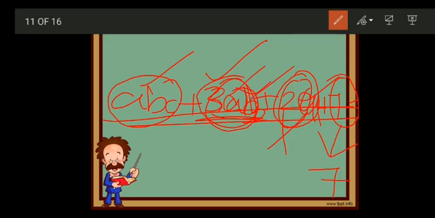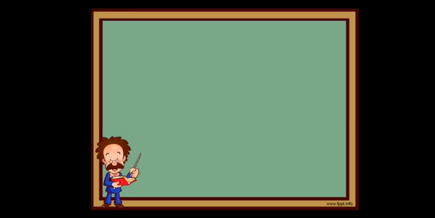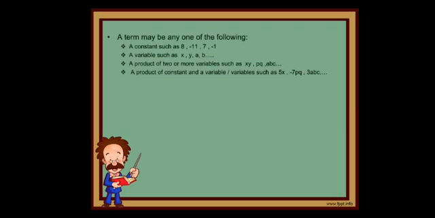Okay, see this term 3ABC. Here it is a product of a constant and 3 variables, right? So a term can be any one of the following. It can be a constant, or it can be a variable, or it can be a product of 2 or more variables, or it can be a product of a constant and a variable or variables. Okay, so a term may be any one of the following.